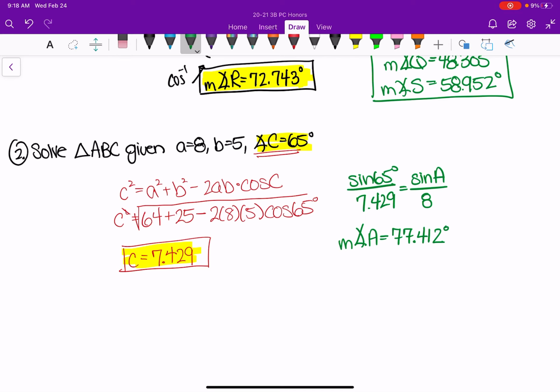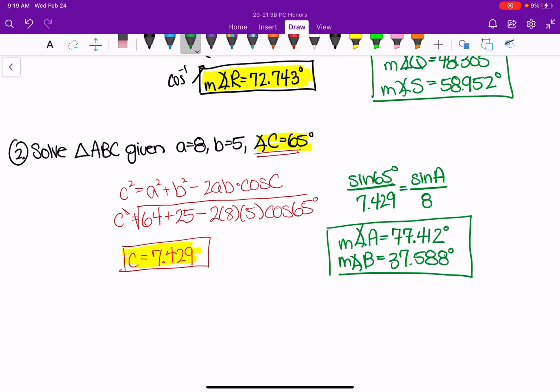And then subtracting from angles C and A, we can get angle B and get 37.588.